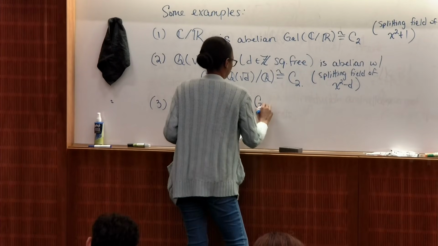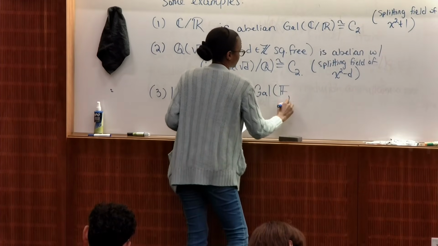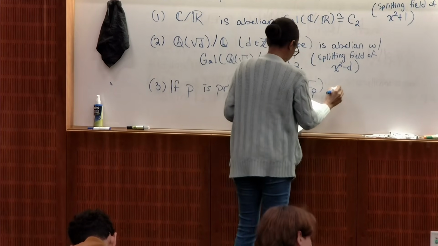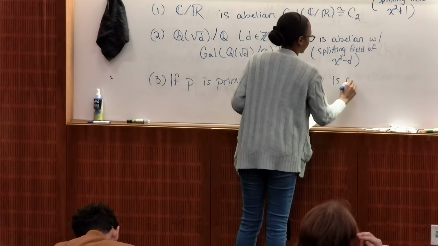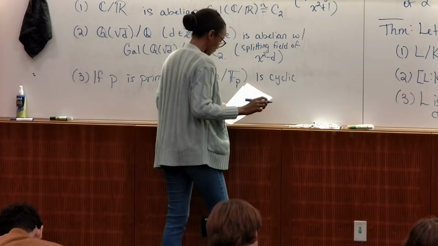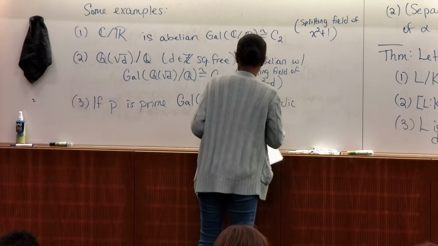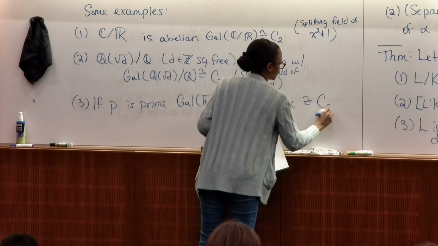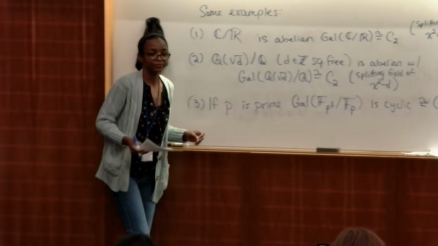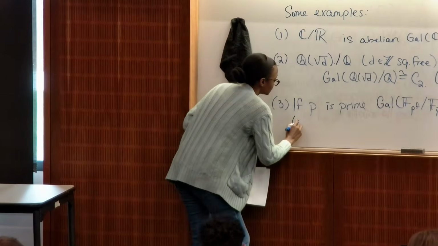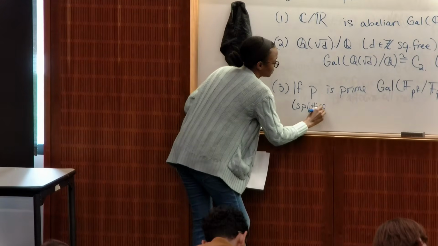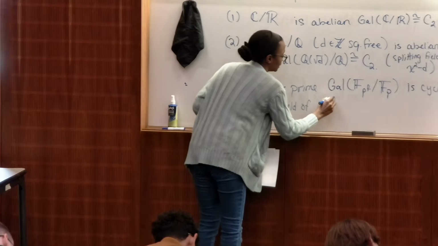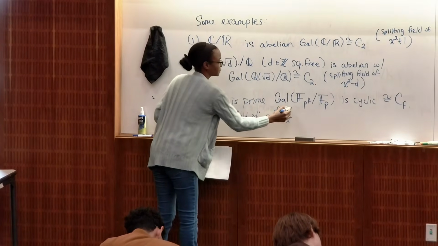An extension of finite fields is cyclic, and therefore abelian, and it's isomorphic to the cyclic group of order f. And this is a splitting field of x to the p to the f minus x.